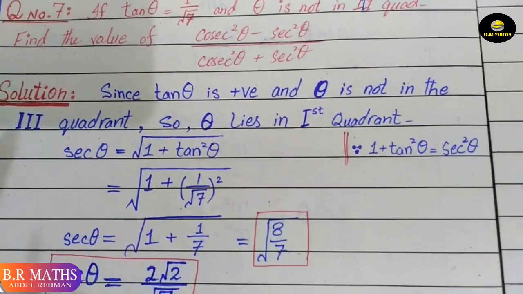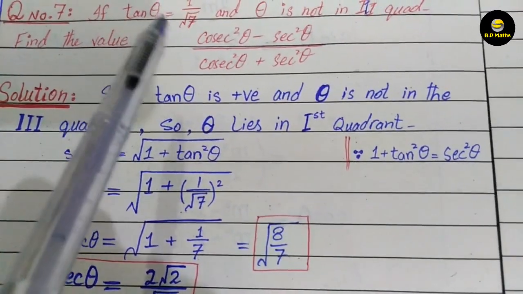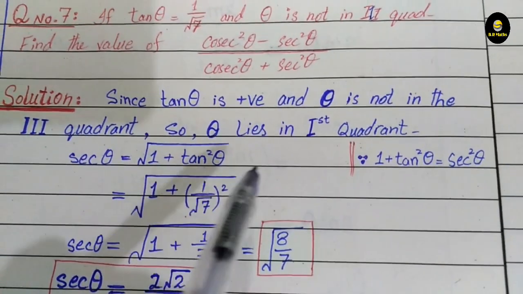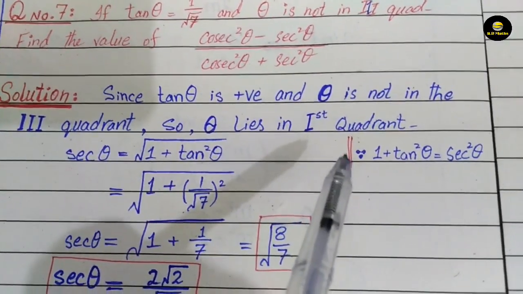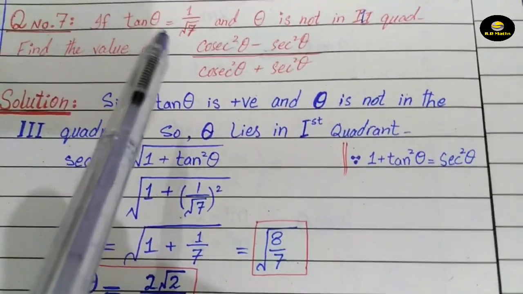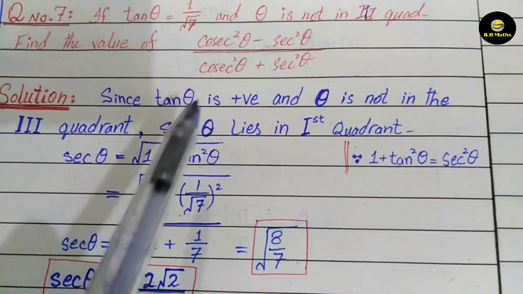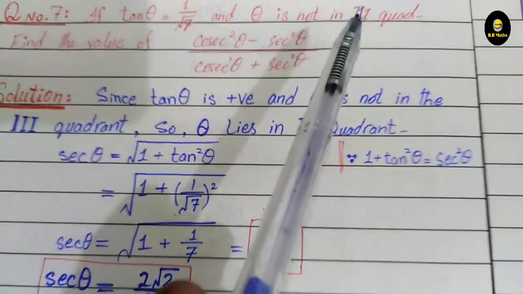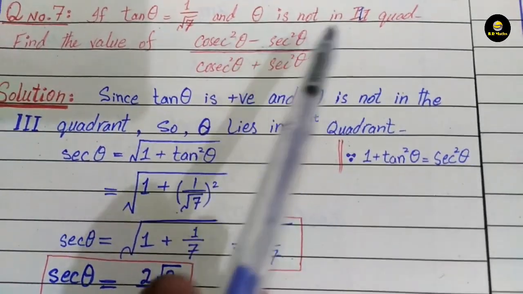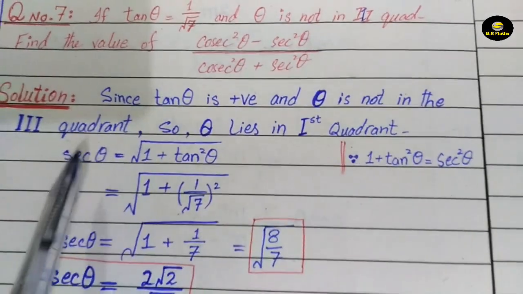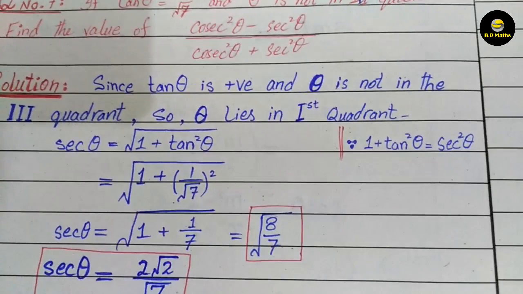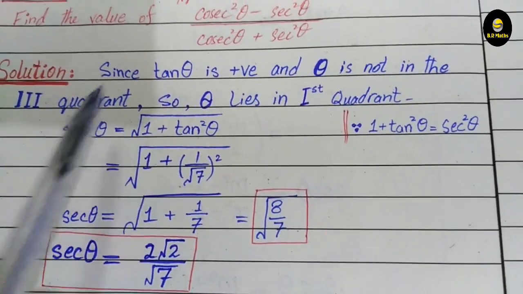So student, the solution is, tan theta is positive and theta is not in the third quadrant. So it means theta lies in the first quadrant automatically, because tangent theta is positive in the first quadrant or third quadrant. But in the question statement, theta does not lie in the third. It means theta lies in the first quadrant, and in the first quadrant all values are positive.